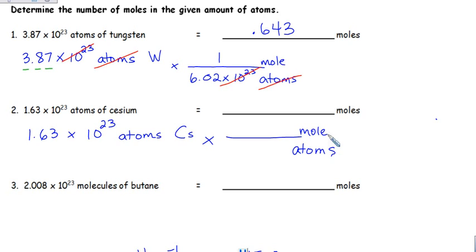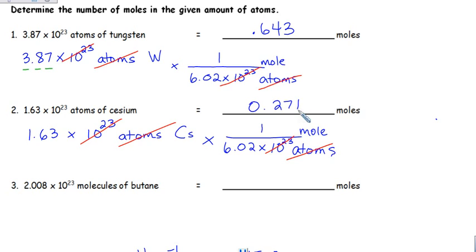Then I can put in the conversion. 1 mole is 6.02 times 10 to the 23rd atoms. Not only do my units cancel, atoms and atoms, but again, you can cancel these 10 to the 23rds, make it a little easier to put in your calculator. My original has 3 sig figs, so I'm going to leave 3.271.